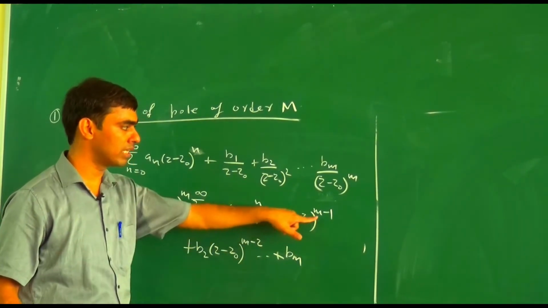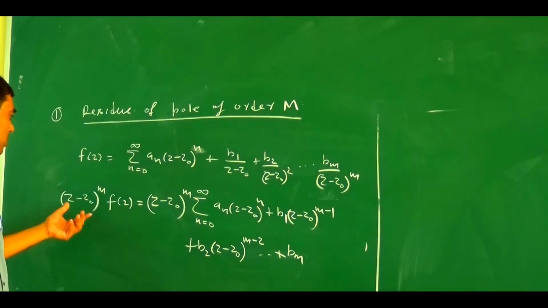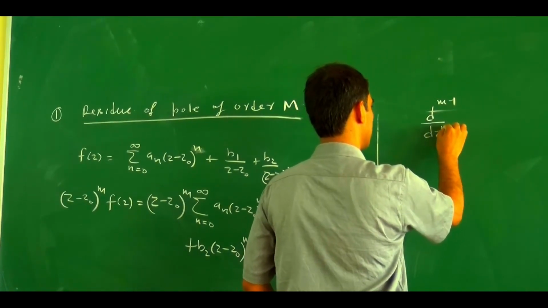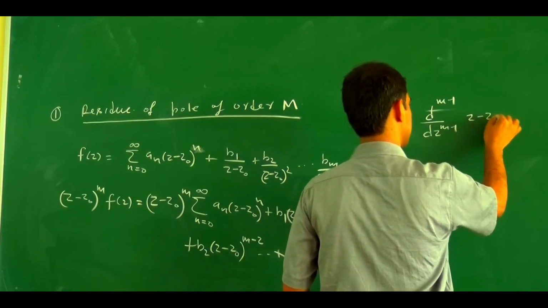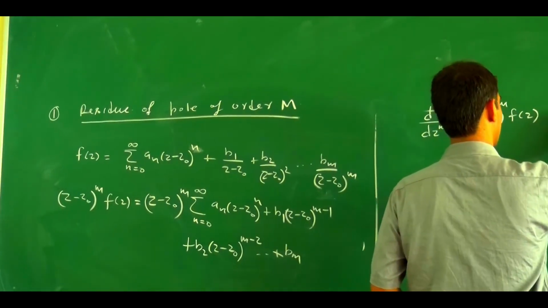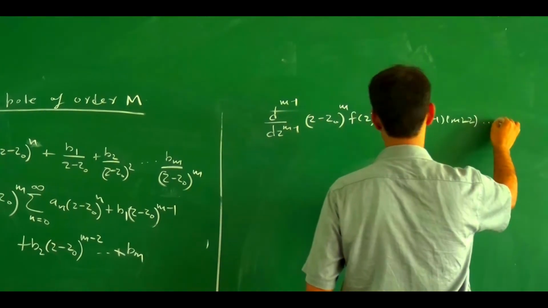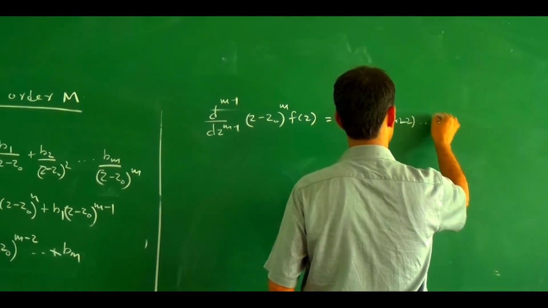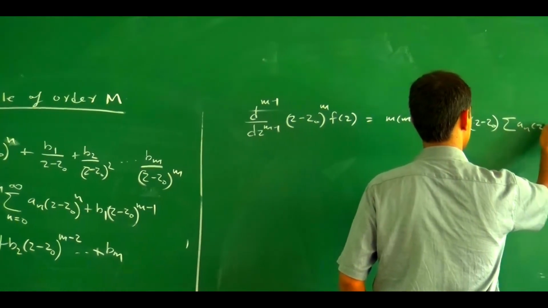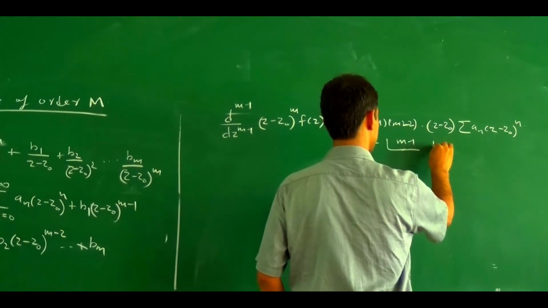If we differentiate m minus 1 times, this term becomes constant. So we differentiate m minus 1 times: d^(m-1)/dz^(m-1) of (z minus z0) to the power m f(z) equals the Taylor part, with a factor of (z minus z0), plus factorial (m minus 1) into b1.